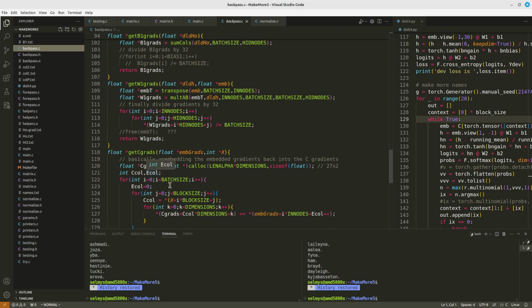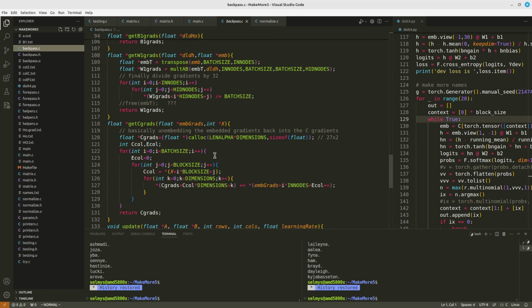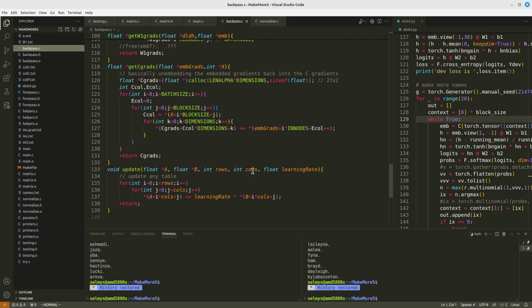See, just moving backwards through the network. And then we do the update function here, which updates all of the tables.